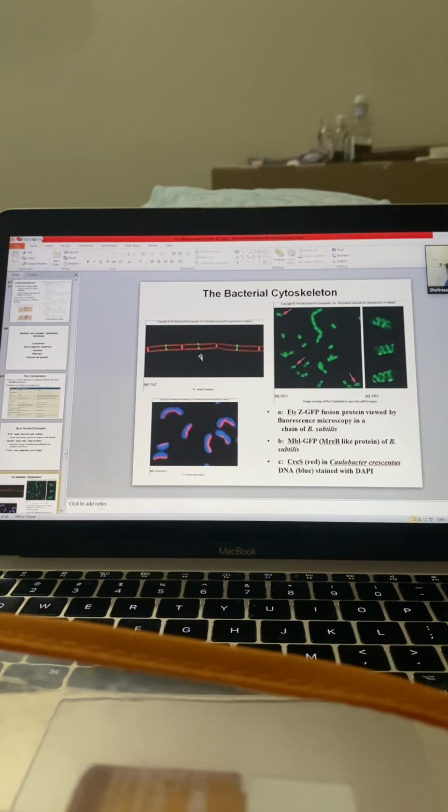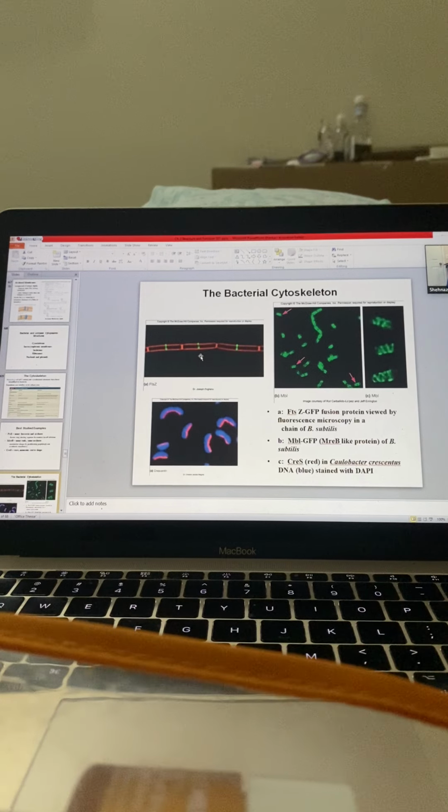So you understand that when cells have to do a binary fission, they have to find the center of the cell so that they can lay the cell membrane and the cell wall at that point, so that two equal sized progeny cells are produced. So there is a lot of measurement going on in the cell to be able to do a binary fission, where two equal sized cells have to be produced.